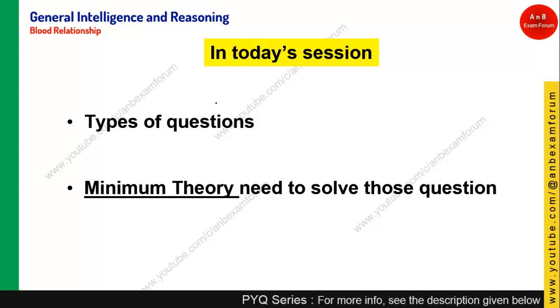The next one is the tricks for each type. If you know the minimum theory, obviously you can solve those questions, but for each particular type, how should you go about it? All those tricks we are going to give at the end of today's session.